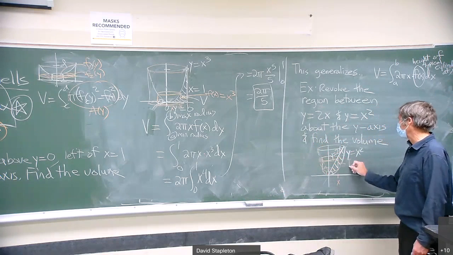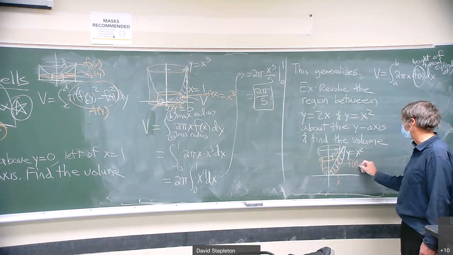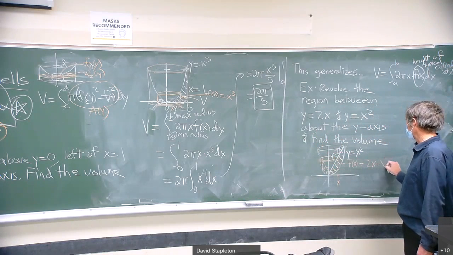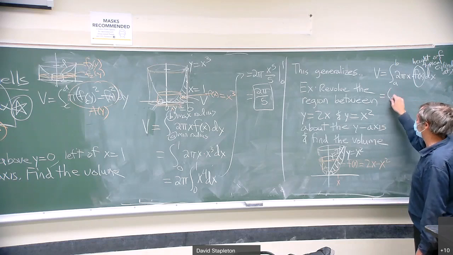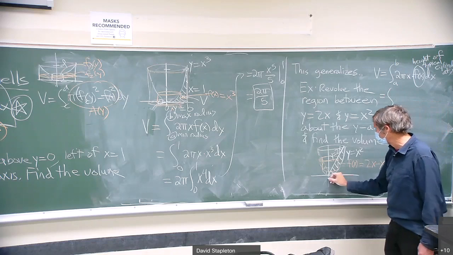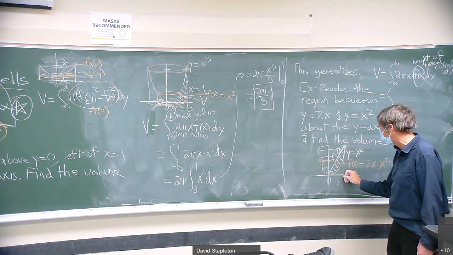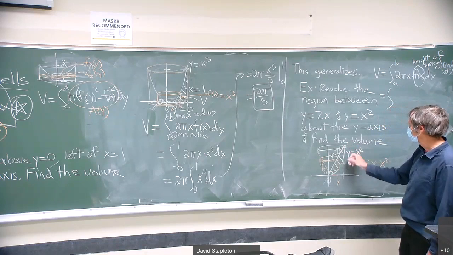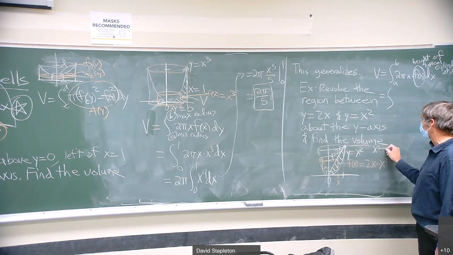So now f of x, the height, is actually the top function minus the bottom one, 2x minus x squared this time. So when I'm going to find the volume here, I integrate, well, the cylinders start at x equals 0 here, and then what's this intersection point? This is where they end, right? So I can find out by setting these two equal, x squared equals 2x.